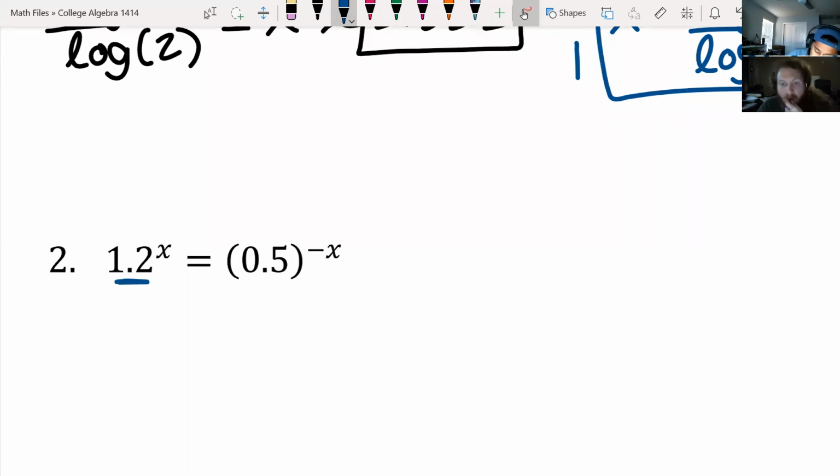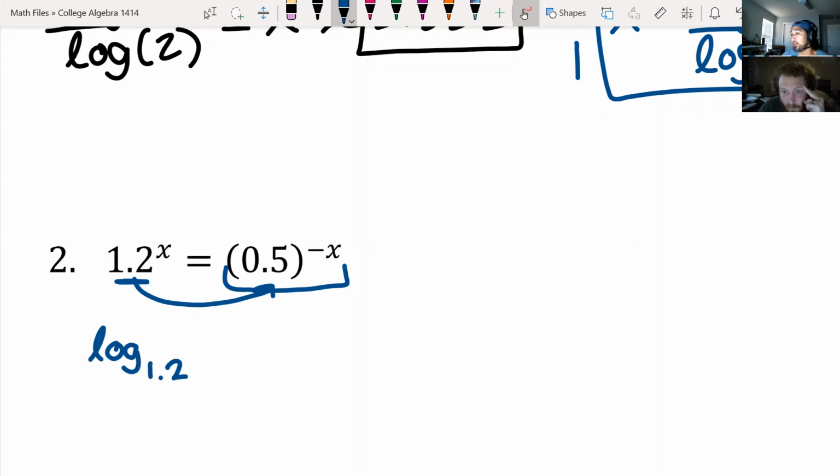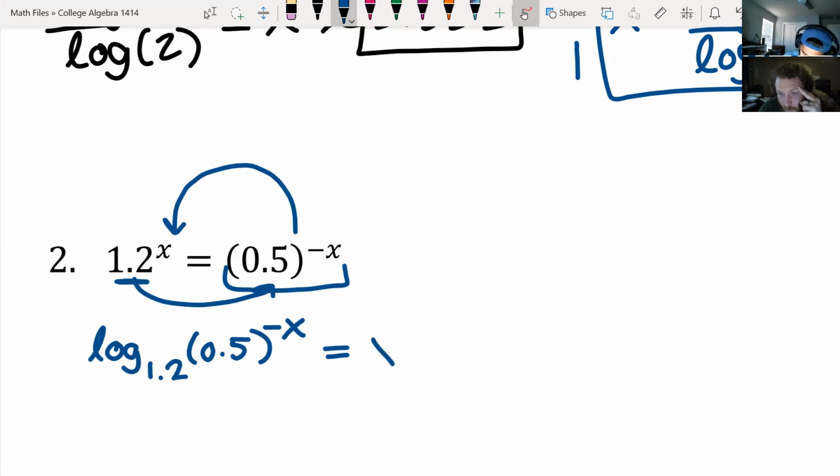So here's our base of 1.2, and we get log base 1.2 of the outside number, and it's going to be this whole thing, 0.5 to the negative x, set equal to the exponent of x. There we go. Okay, so we have just converted from exponential to log.